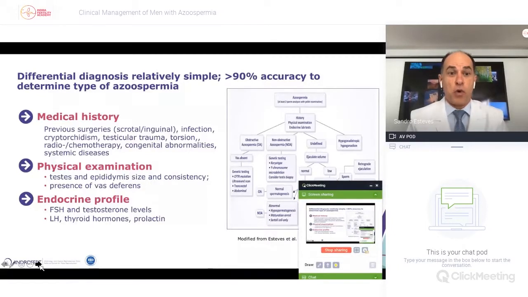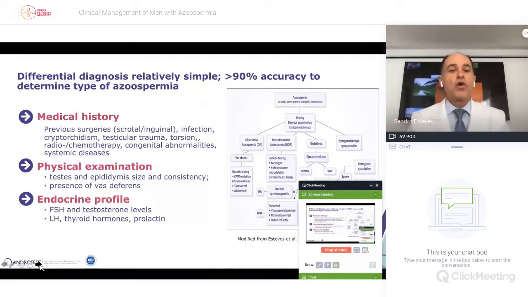cystic fibrosis. When you go for the physical examination, you can appreciate if the testes are of normal size, the epididymis is consistent in size, and if the patient has the presence or not of the vas deferens. For instance, congenital bilateral absence of the vas deferens is related to obstructive azoospermia.